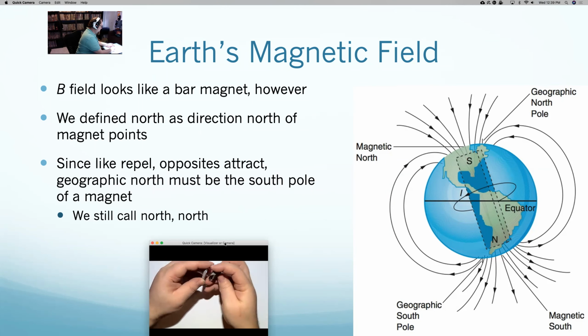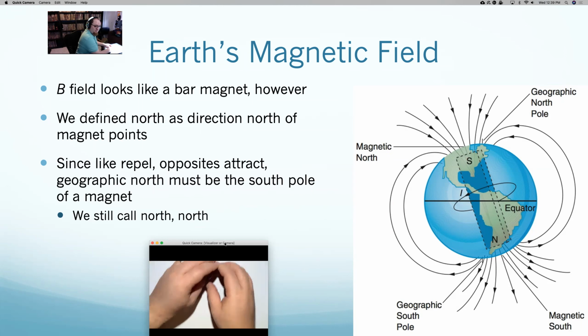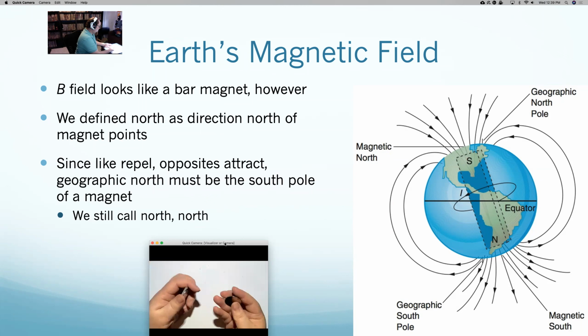And so if I have, oops. Oh no, I guess one's north, one's south. I take that back. I thought they were both north, but this was used for something I made and then broke just for this demo. But yeah, the north pole of a magnet attracts the south pole of a magnet. The north point of a magnet repels the north point of a magnet. Bounced off my hand and came right back in.